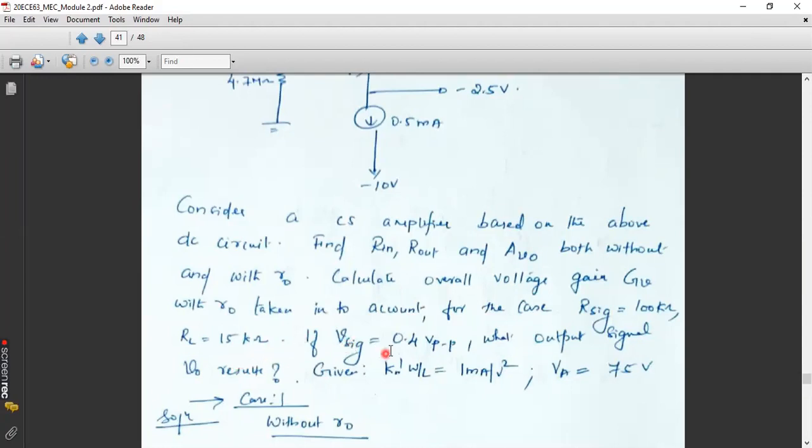If Vsig is equal to 0.4 volt peak to peak, what output signal Vo results? Given kn dash W by L is equal to 1 milliampere per volt square, and VA is the Early voltage, VA equal to 75 volt, which means we have to consider ro for some cases.